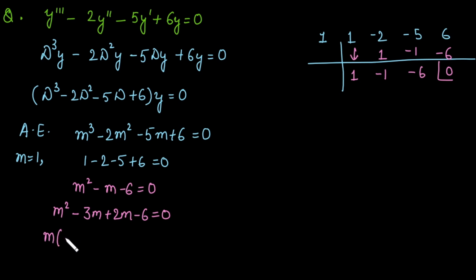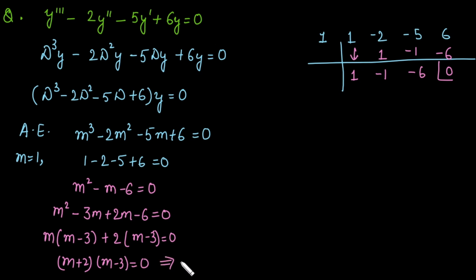So we have m(m − 3) + 2(m − 3) = 0. So this is (m + 2)(m − 3) = 0. Finally this implies m = −2 and 3. So in this case we have three roots. The first root is 1, the second root is −2, the third root is 3.